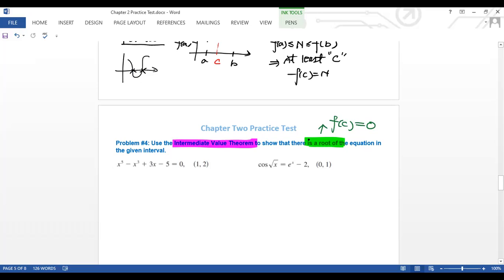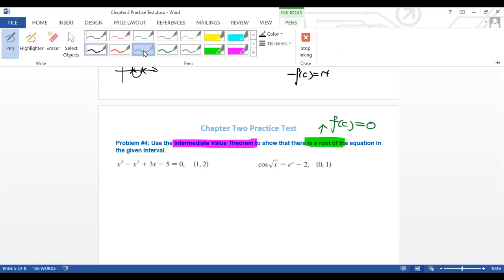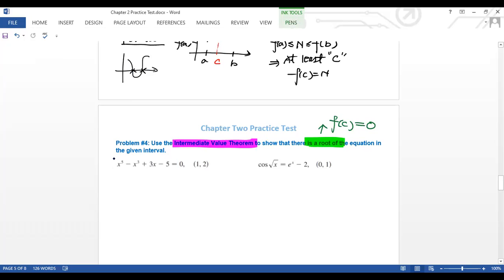So if I want to use the intermediate value theorem, one value has to be positive and one has to be negative. It's common sense, because they have to pass through zero to get from negative to positive or positive to negative, right?